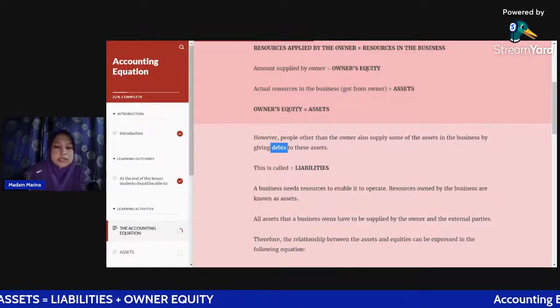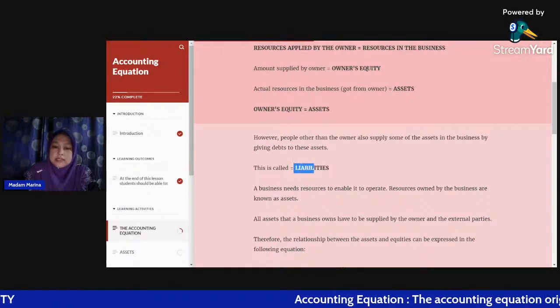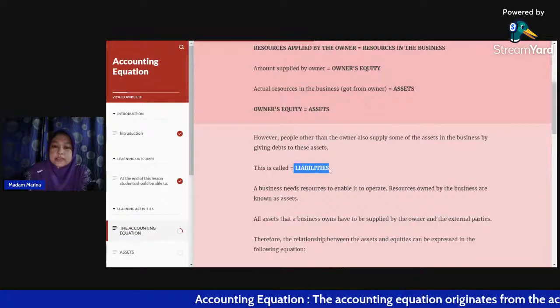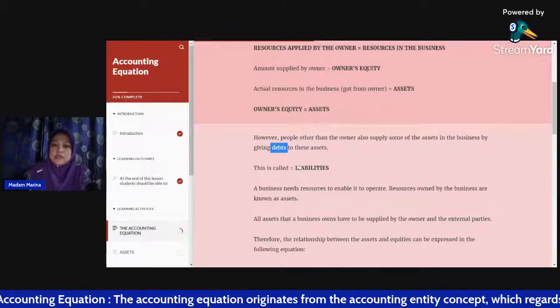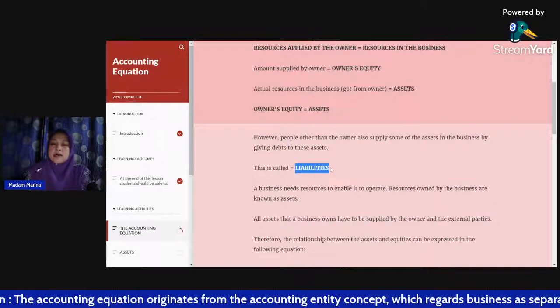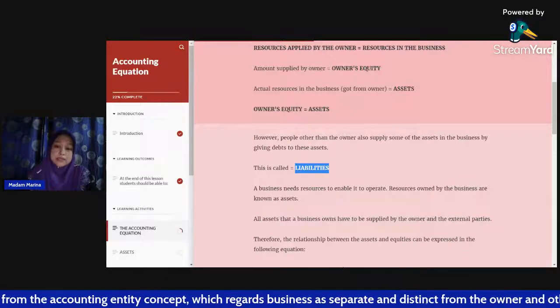This is called liabilities. The keyword related to liabilities is debts. Hutang is also called liability.